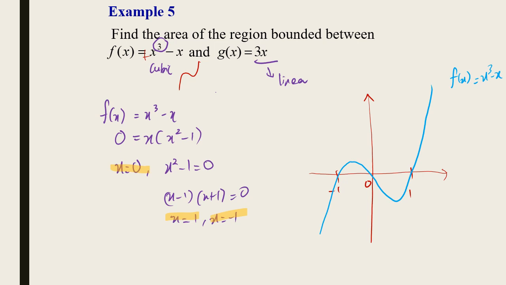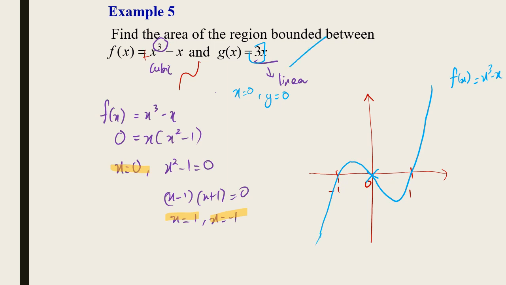And then we have the graph of 3x. Because it's linear, when x equal to 0, we will have y equal to 0. So we have an intercept at 0. How about the gradient? Because it's 3, it's going up to the right, so positive gradient, and the basic shape will be like this.